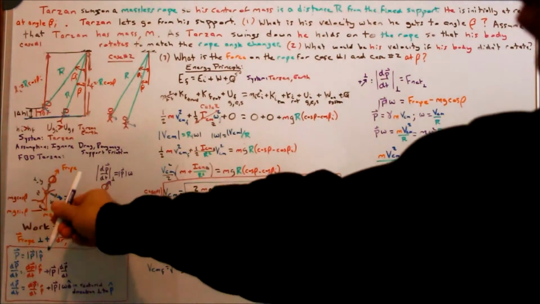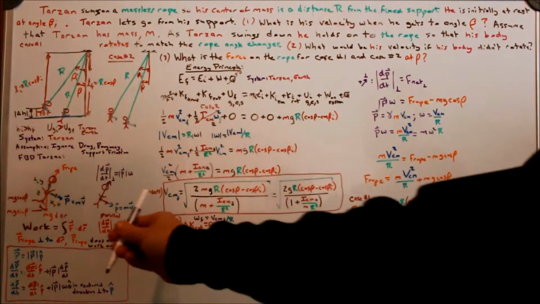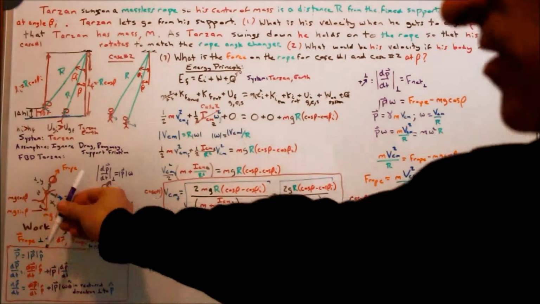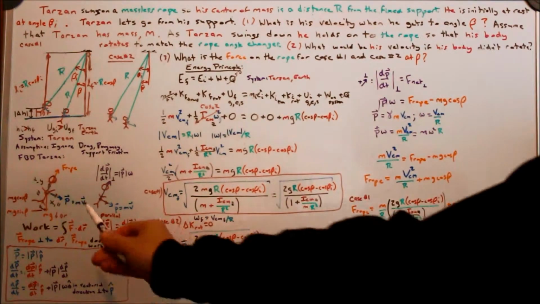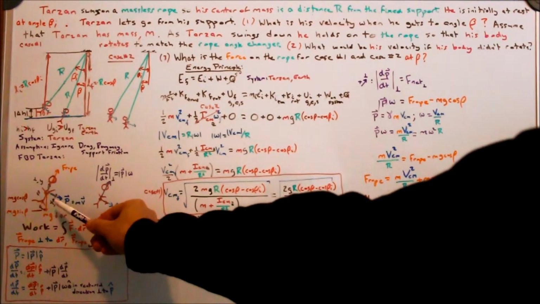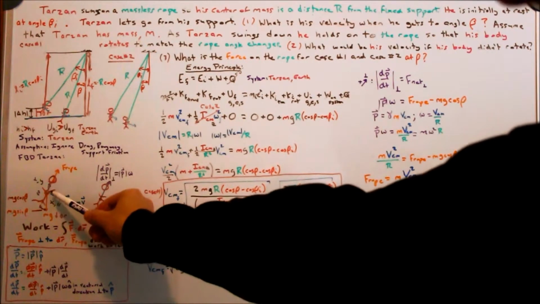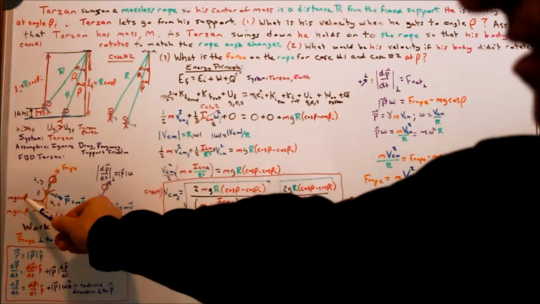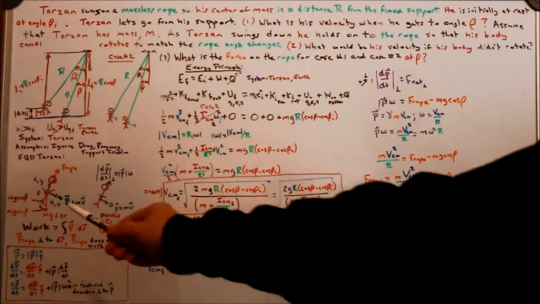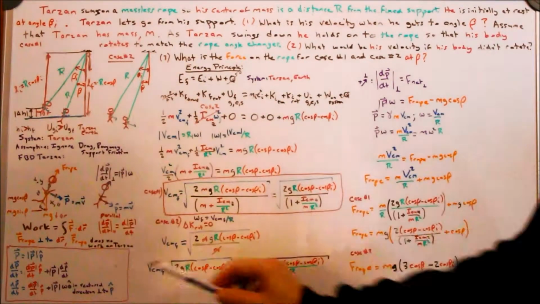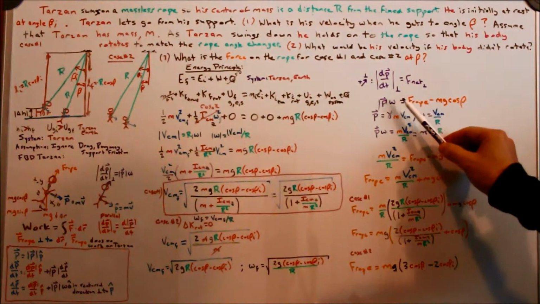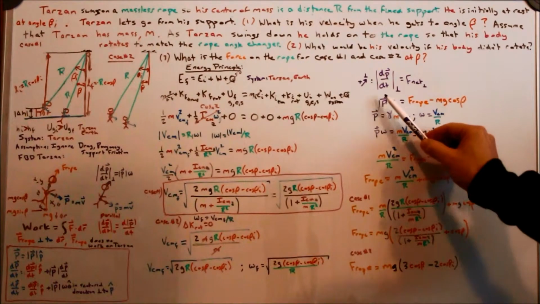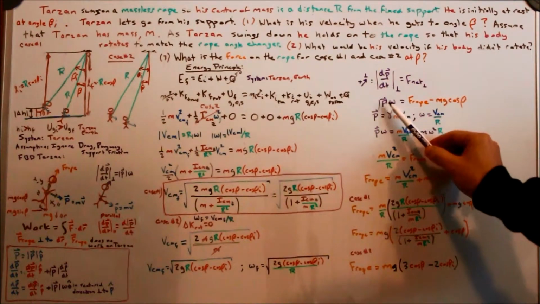I have a force on the man from the rope, vectorially in that direction. And then looking at the component of the mg term in the perpendicular direction, that's mg cosine beta, and that's in the minus direction. So these are the net forces acting. Here's my change in momentum versus time perpendicularly.